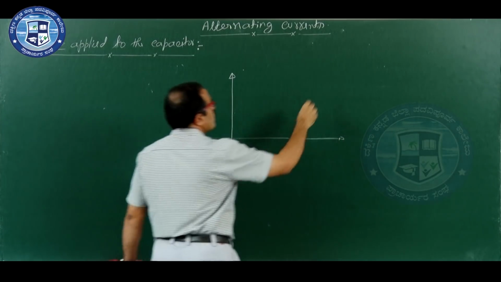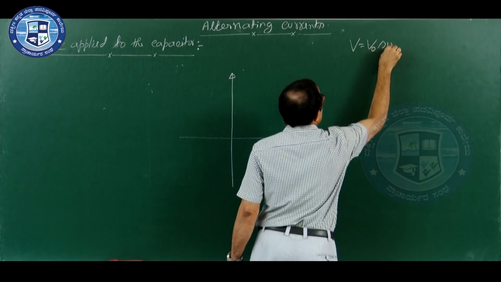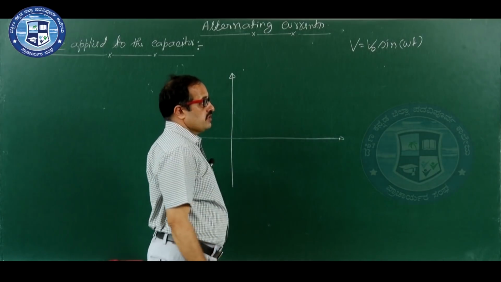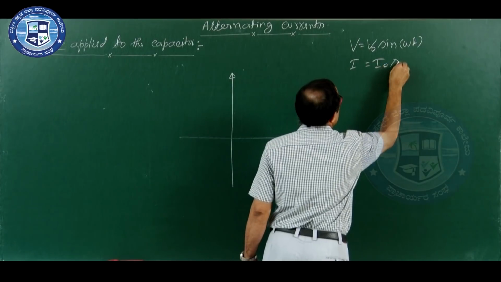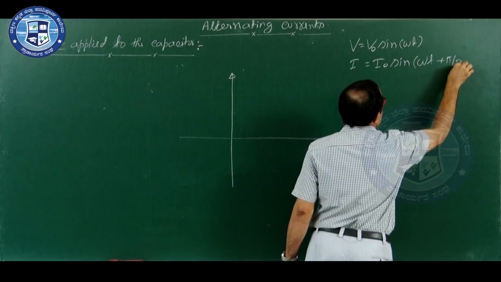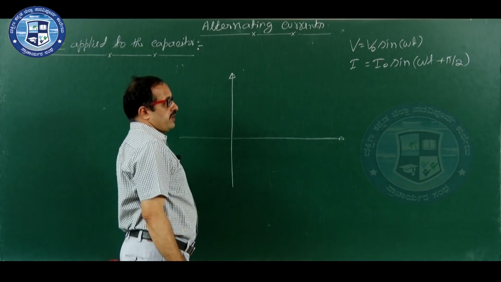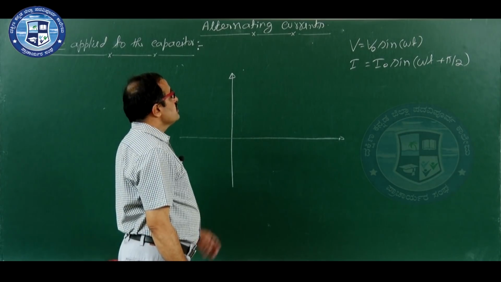Now, what is the formula for voltage? V is equal to V naught sin omega t, and current is equal to I naught sin omega t plus pi by 2.